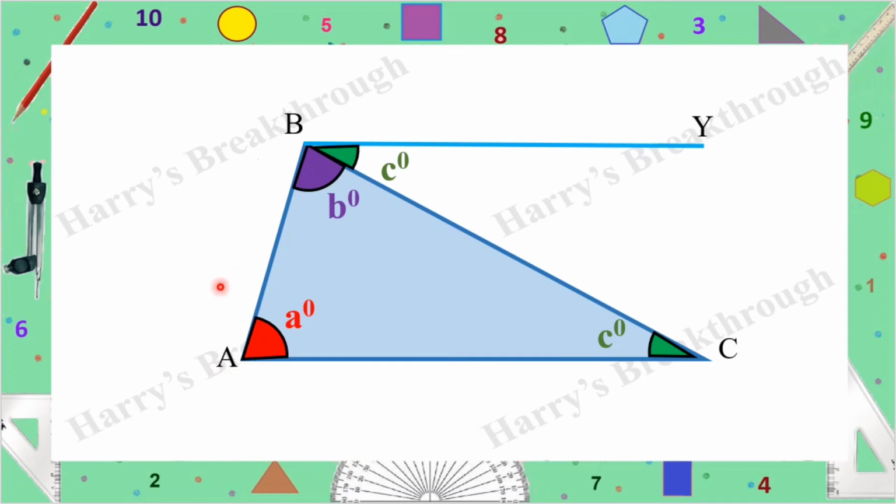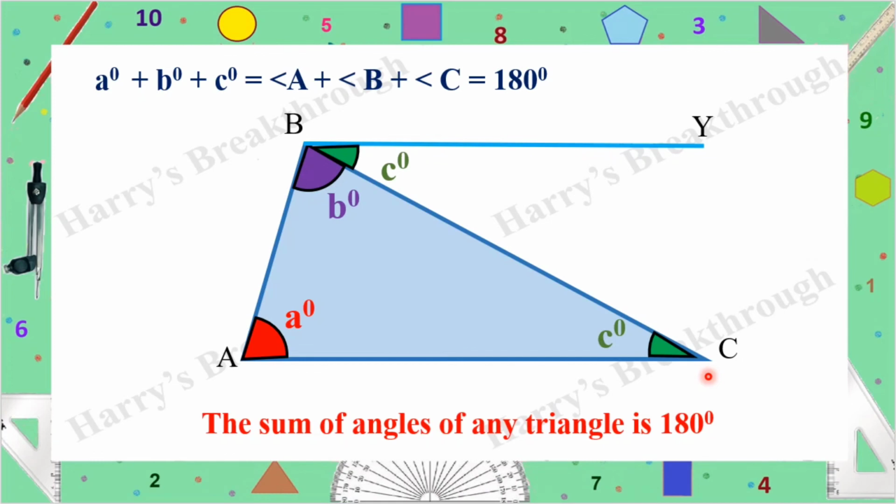And we know that angle A and angle ABY are co-interior angles. Their sum is 180 degrees. So if we add A degrees plus B degrees plus C degrees, it is equal to 180 degrees. That means angle A plus angle B plus angle C is equal to 180 degrees. That means the sum of angles of any triangle is 180 degrees. You got it? The sum of angles of any triangle is 180 degrees.